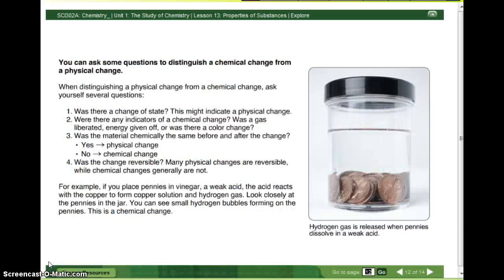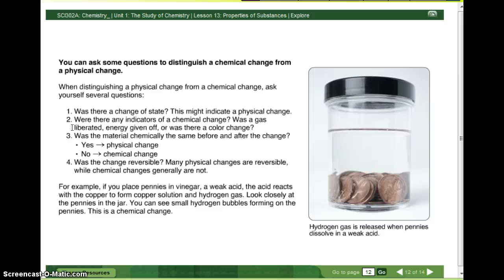You can ask questions to distinguish a chemical change from a physical change. When distinguishing a physical change from a chemical change, ask yourself several questions. Numero uno, was there a change of state? Phase changes are for physical. Numero dos, were there any indicators of a chemical change? So was there a gas liberated, in other words bubbles?